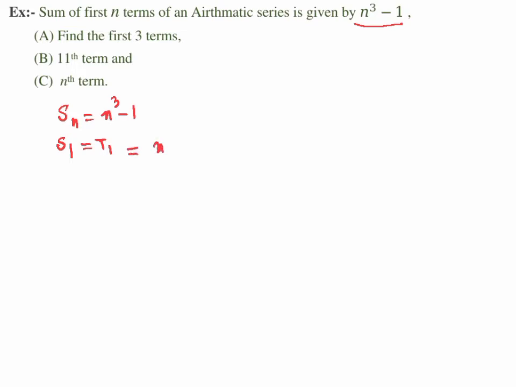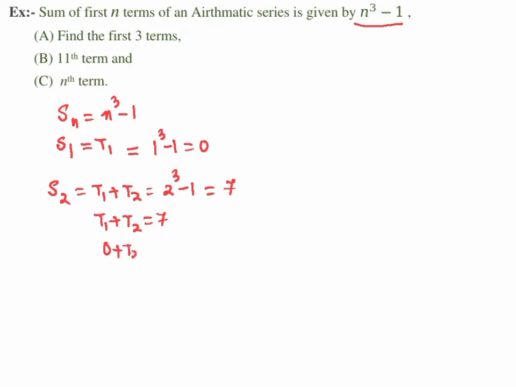This will be 1 cube minus 1, that will be 0. Now S2 will be what? S2 will be T1 plus T2, and that will be 2 cube minus 1, and you will get 7. So T1 plus T2 equals 7, and T1 is 0, so 0 plus T2 equals 7.